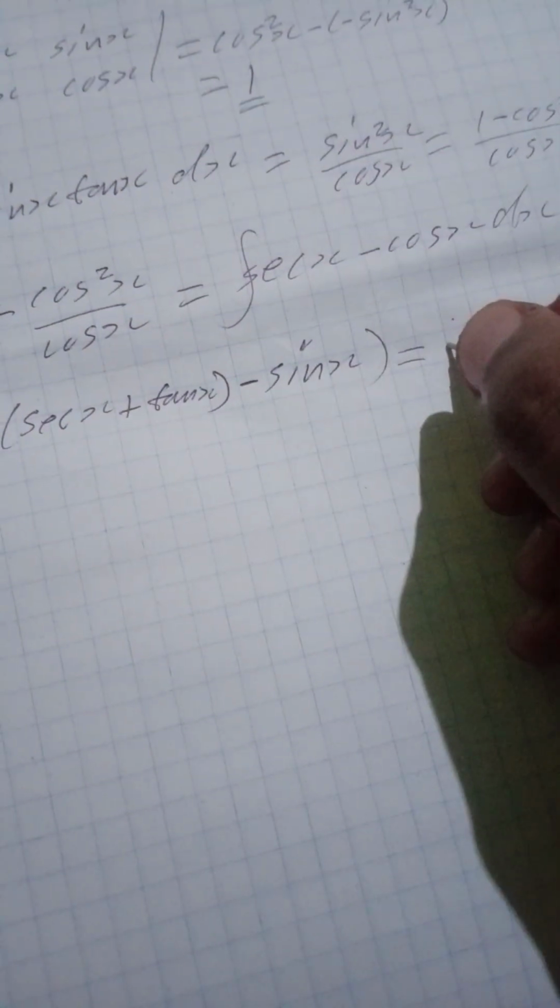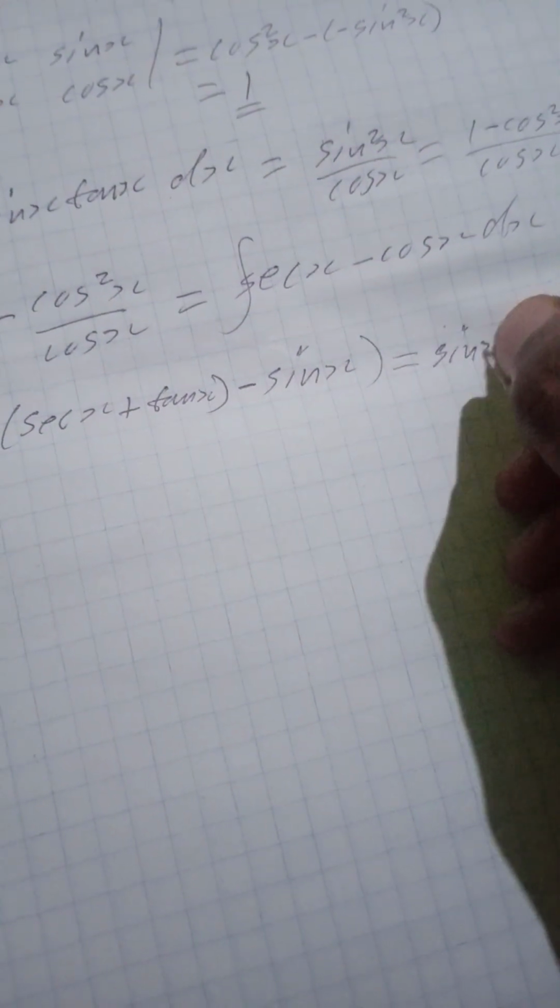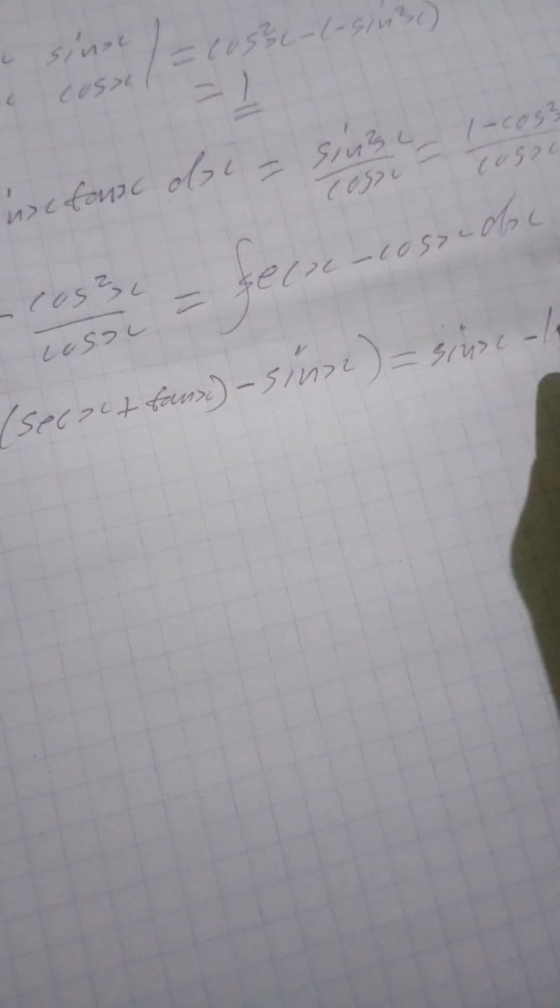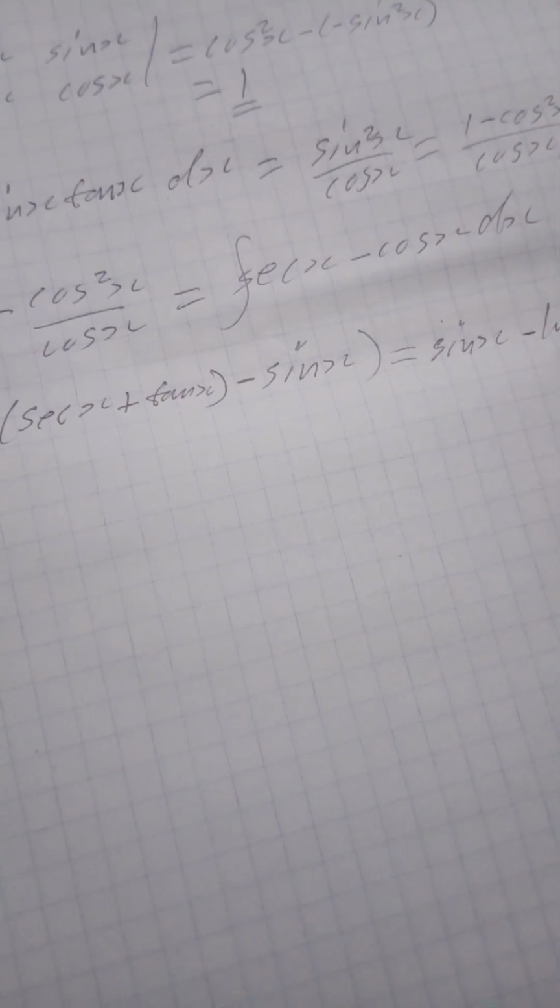So that's equal to sine x minus ln of secant x plus tan x. Okay, so now we have our u1.